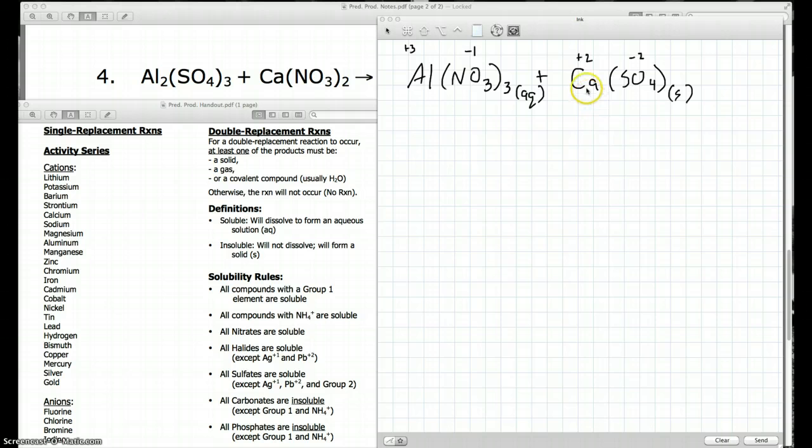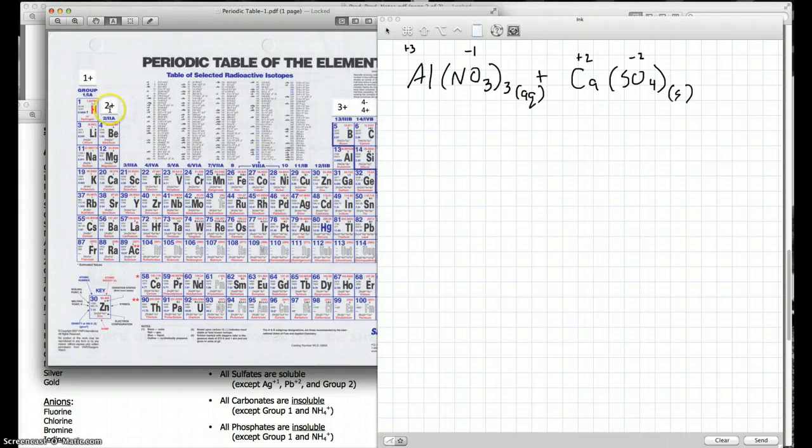Next chemical is calcium sulfate, and I find a rule that works for that, and here it is, the fifth rule down here. All sulfates are soluble, except when that sulfate is with silver, lead, or something from group 2. And if we look at a periodic table, group 2, and by group 2 I mean the second column of the periodic table.